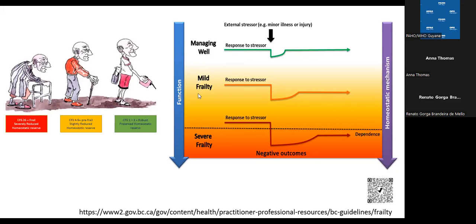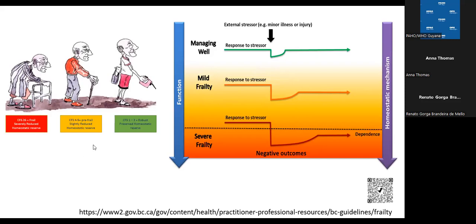A mild frailty patient usually faces more problems and much more difficulty to recover from an external stressor, and most times is not able to fully recover.